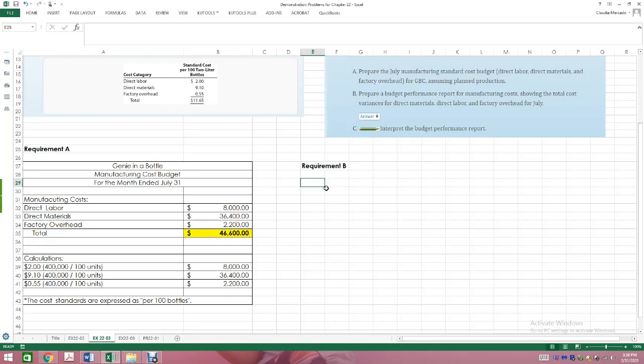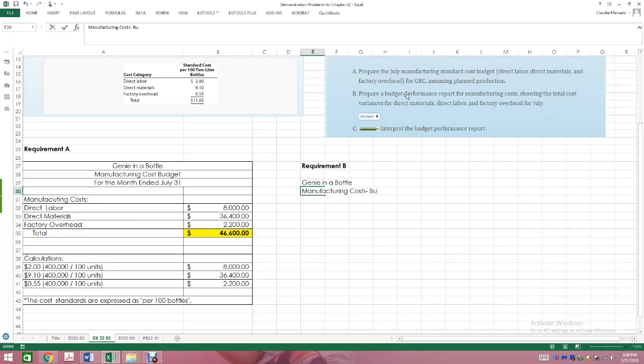So, here we're going to need a couple more columns. Okay, so we're going to do Genie in a Bottle, and then this is a manufacturing costs, and this is a budget performance report.